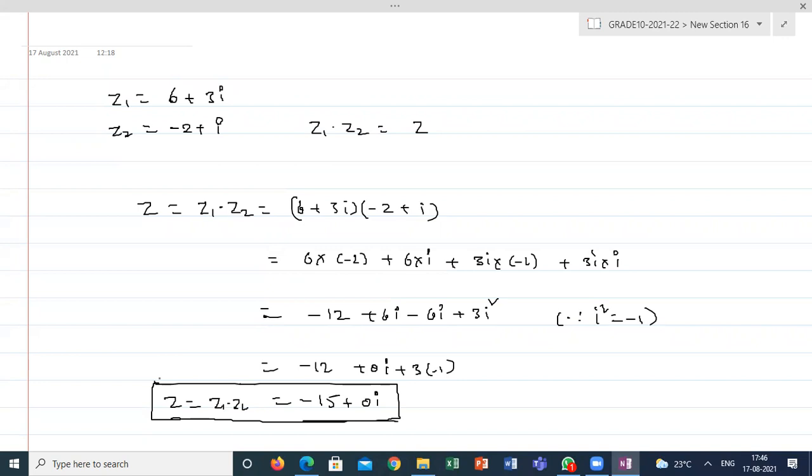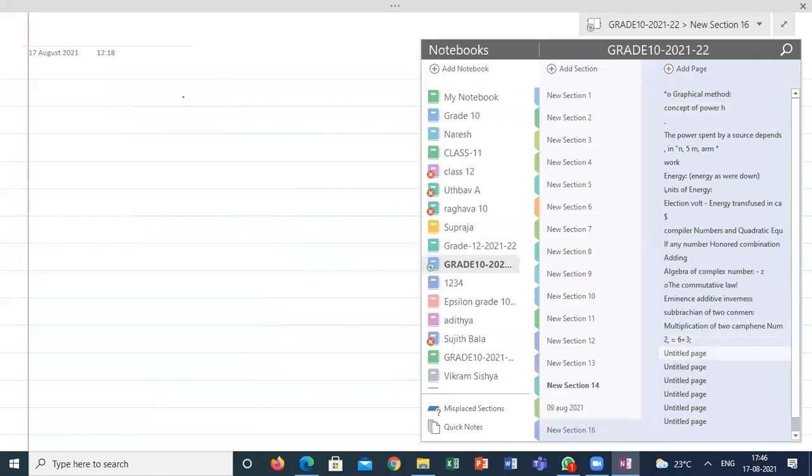Now, I'm going to discuss the different properties. I already discussed the closure property and the commutative property. What does the closure property say? The closure property says the product of two complex numbers is a complex number.